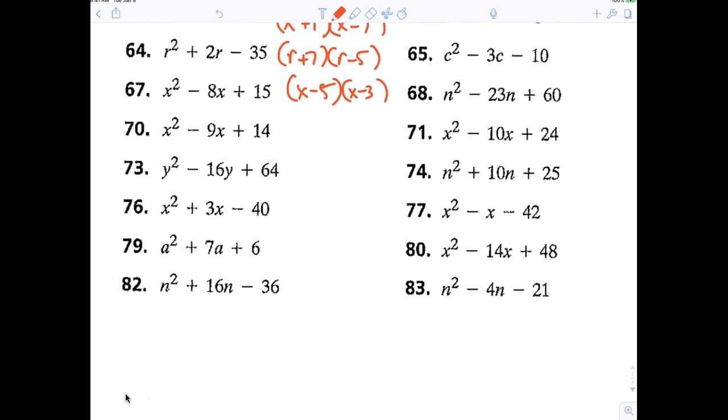Okay, so I need to do x in parentheses, and then you do -7. Exactly. 73 over here, Avery. Yes, minus 8 for both of them.